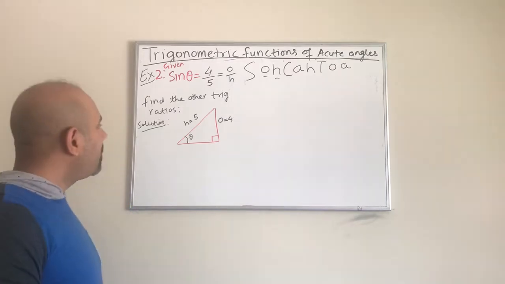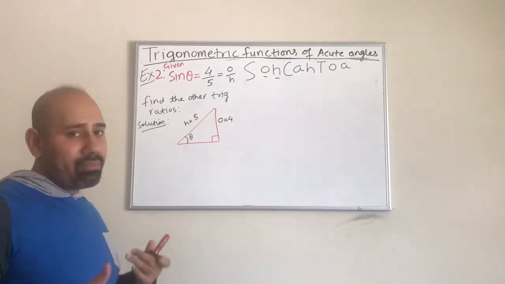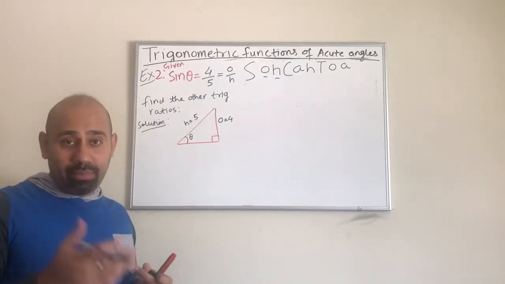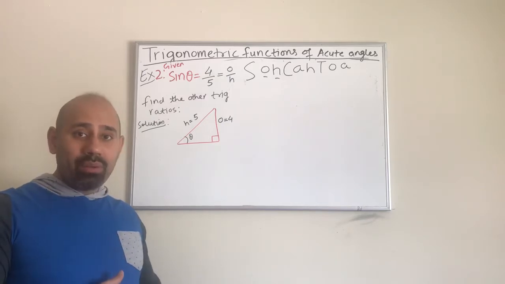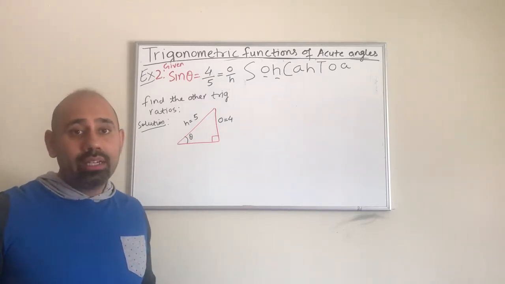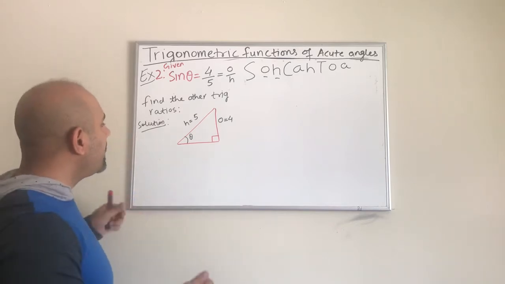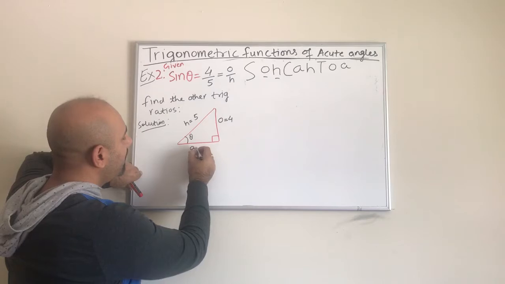Once we have identified the opposite and hypotenuse, it becomes similar to the problem we did previously, example number 1, where we have a right triangle, we have 2 of the sides, then we find the third missing side, and from there we write all the other trig ratios. So first we need to figure out the length of this side, which is the adjacent.